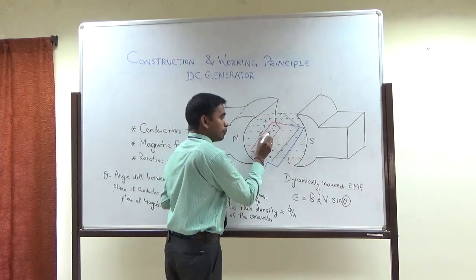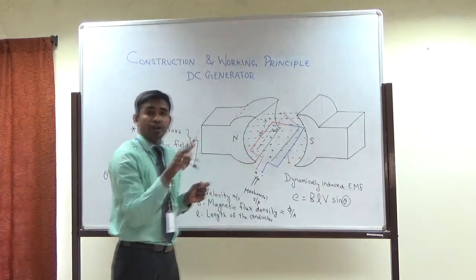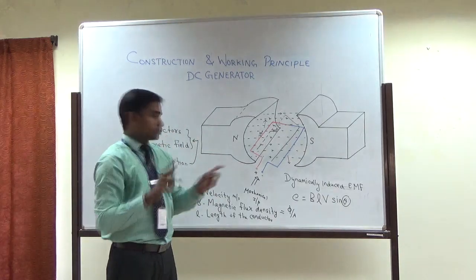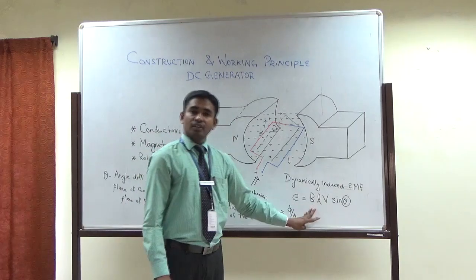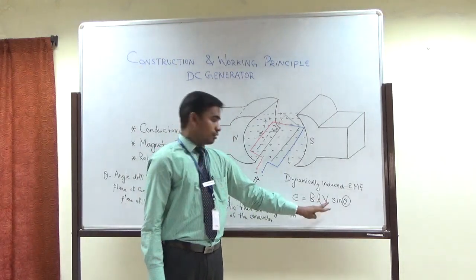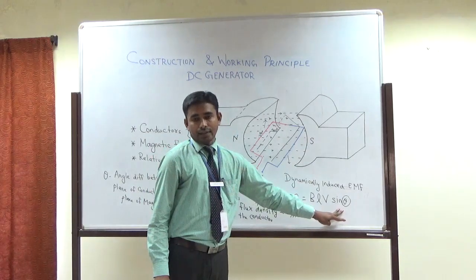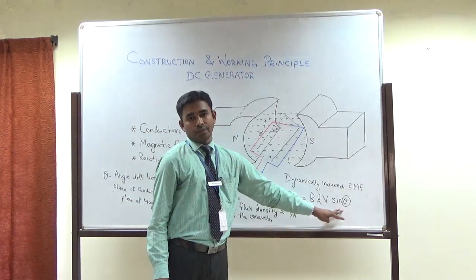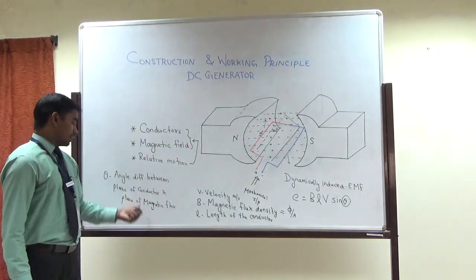At this time the angle between plane of conductor and magnetic flux is 0 degrees. So it is varying. Your induced EMF depends upon your magnetic flux density, the length of the conductor, the velocity of motion, and sin theta, where theta is the angle difference between your plane of conductor and plane of magnetic flux.